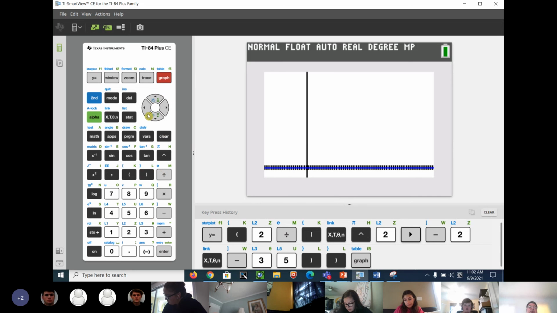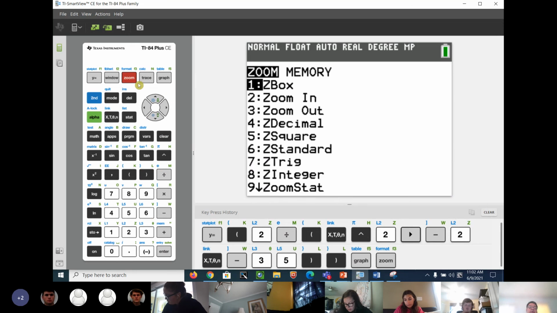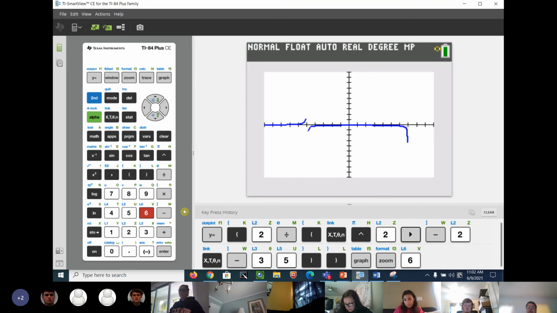And you can't see jack, so you hit zoom standard. And you see your 2. Oh, I know, there's your volcano.